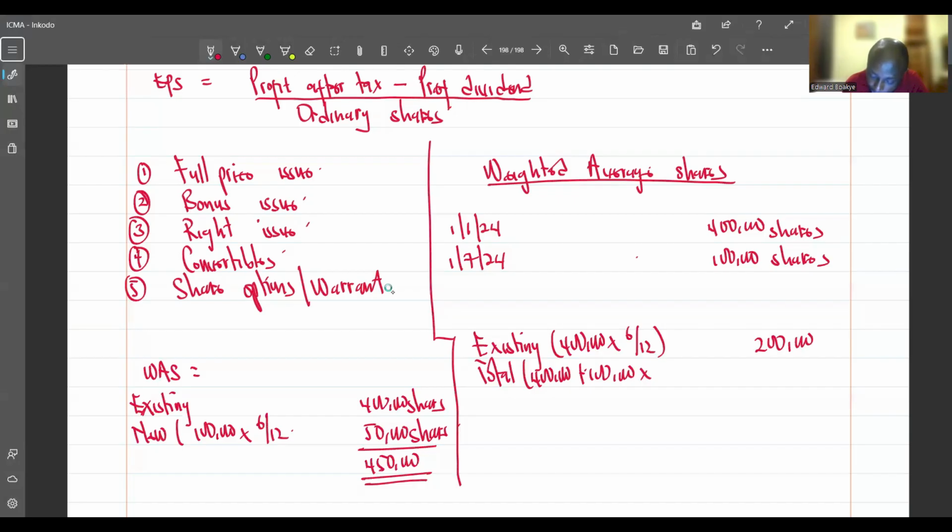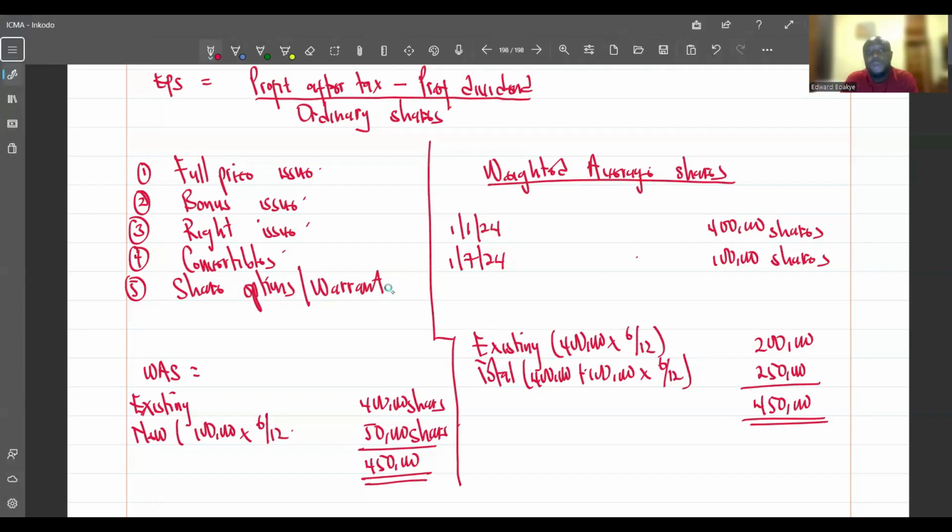So times 6 over 12, which will give us 250,000. So in effect, we are going to get 450,000. So any way you want to deal with this, you'll be good to go to get your weighted average shares.